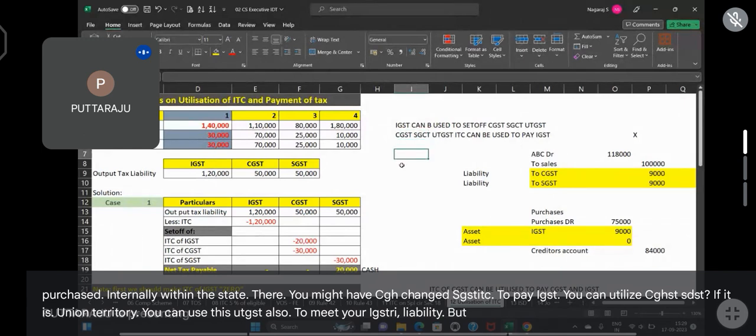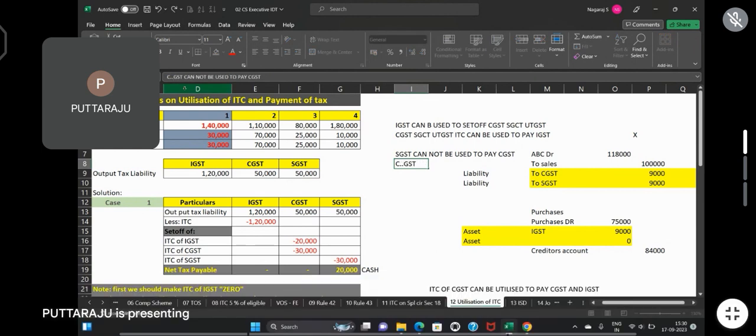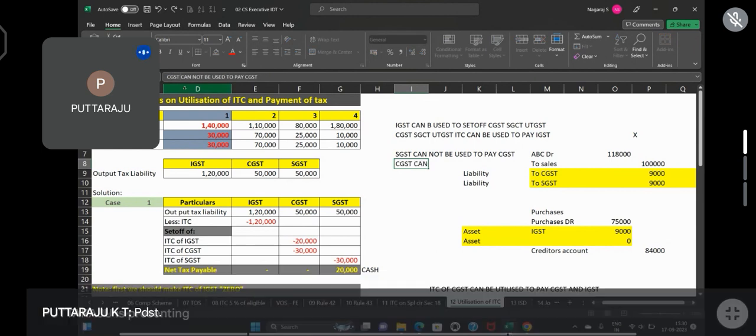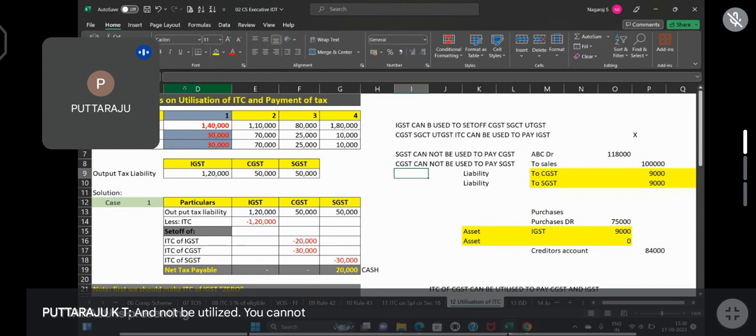But always remember one thing, SGST cannot be used to pay CGST. Likewise, CGST cannot be utilized to pay SGST.